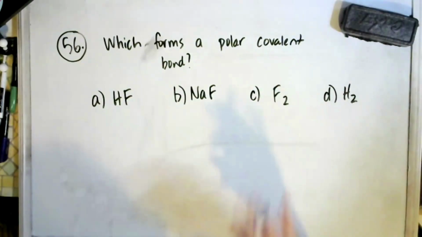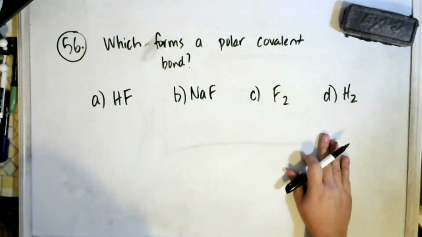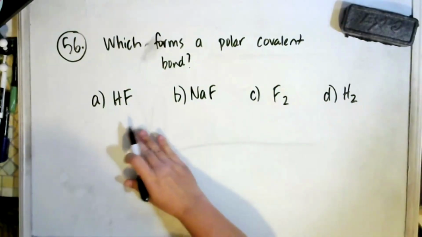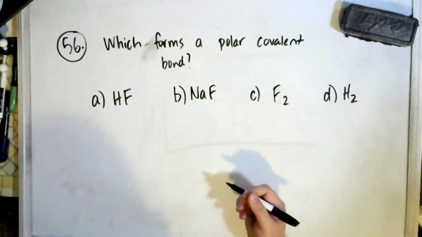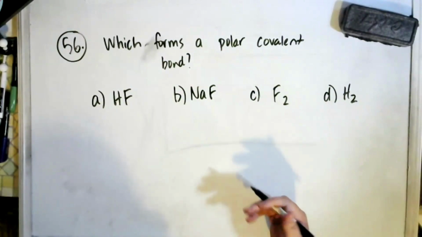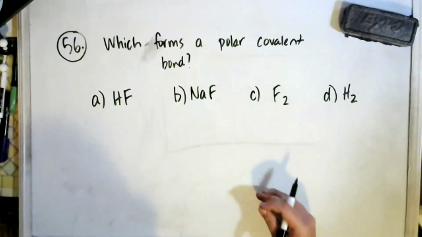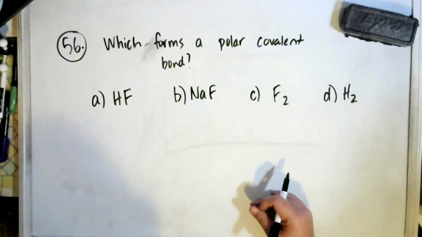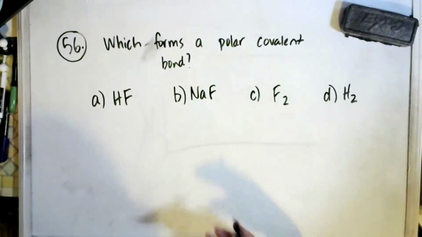If you have the actual electronegativity values for each element here, you can subtract them, find the electronegativity difference, and then judge whether it's polar or nonpolar that way. But there are other options in this particular question that you'd be expected to rely on.